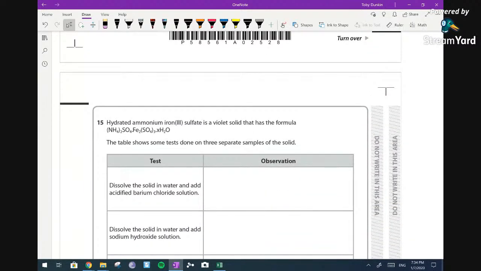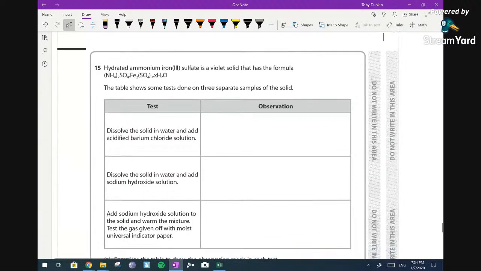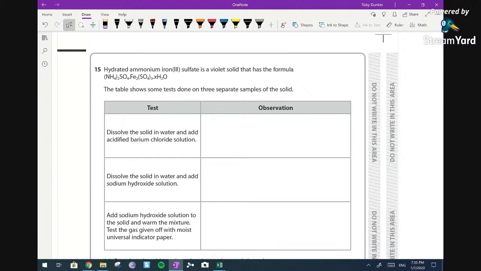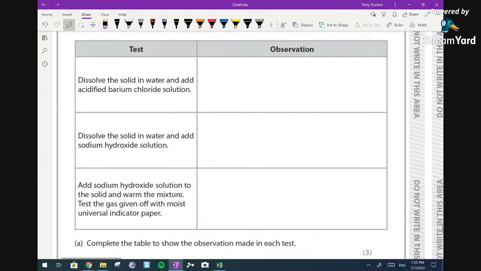Hydrated ammonium iron(III) sulfate is a violet solid that has the formula. Oh, good grief, that's horrible. The table shows some tests done on three separate samples. Wowza. So, dissolve the solid in water and add acidified barium chloride. They're testing for the sulfate ion. You've got to know your chemical tests here. Does it have it in it?